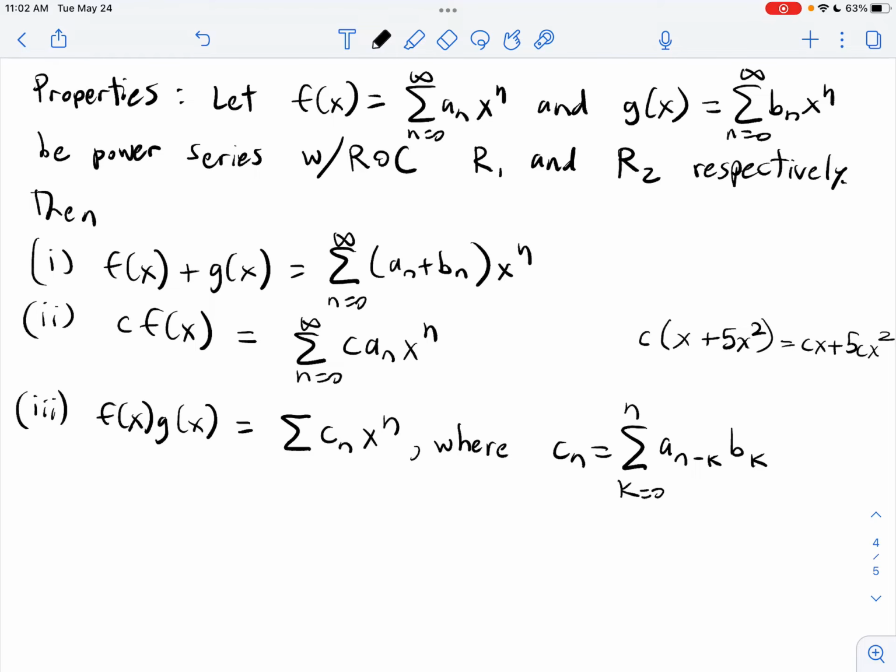This is basically using FOIL when you multiply. Make sure that everything gets multiplied by everything, and then the ones that correspond to one another are given here. You are not going to have to do this often, which is why I won't elaborate too much on this formula. The important part are the first two: how you multiply and how you add. And of course, that gives you subtraction as well, right?